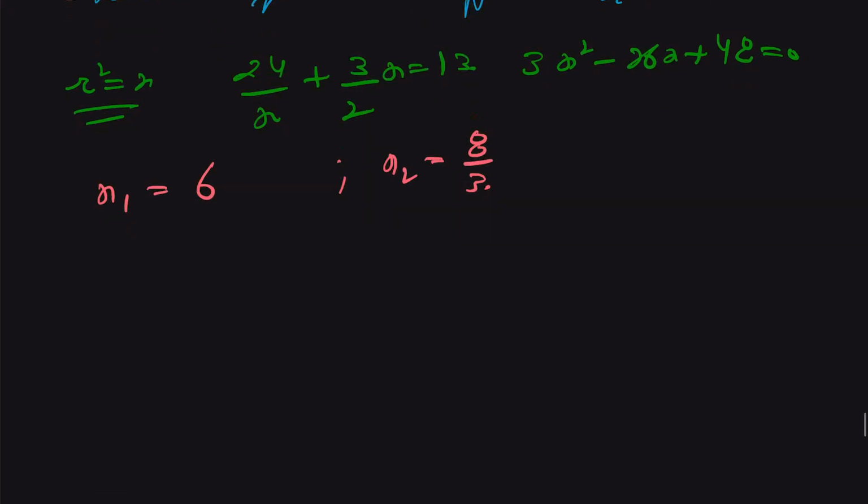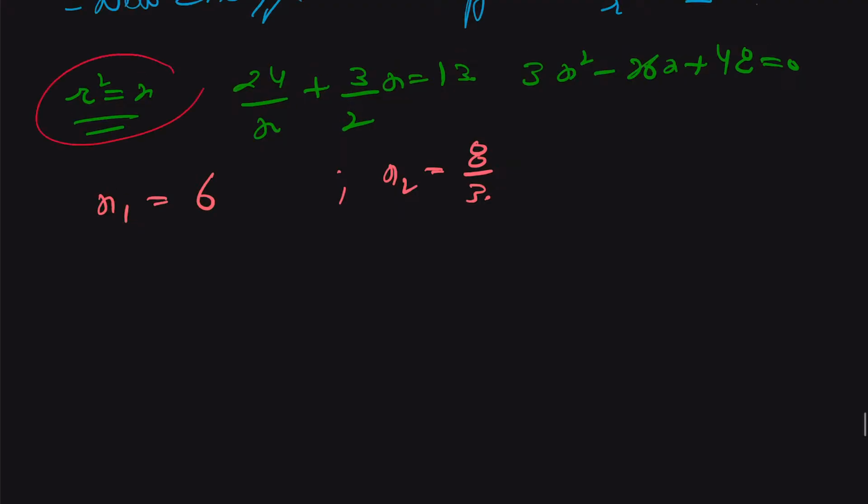And for our x1 we can say that because x was equal to r square, therefore our r1 will be equal to square root of 6, and similarly our r2 will be equal to square root of 8 upon 3.